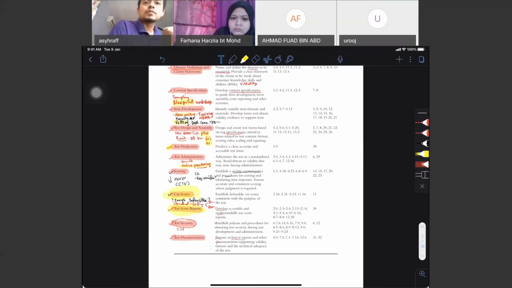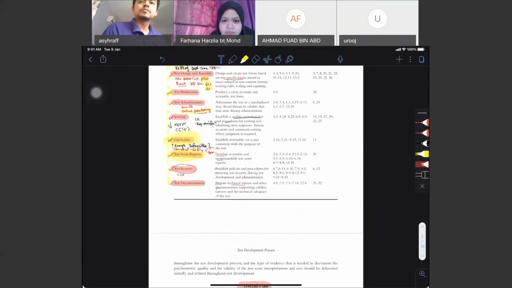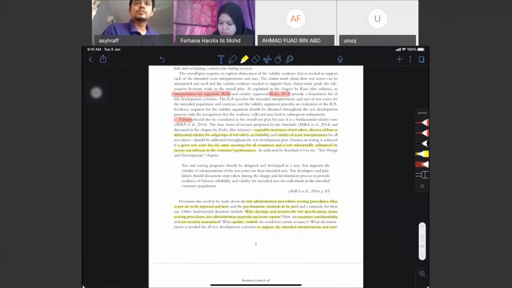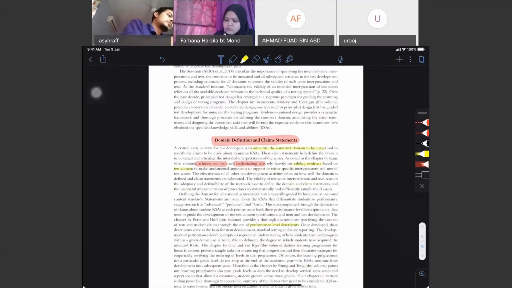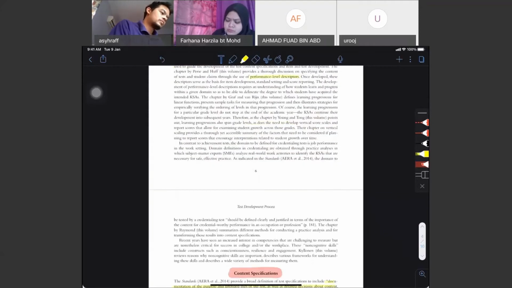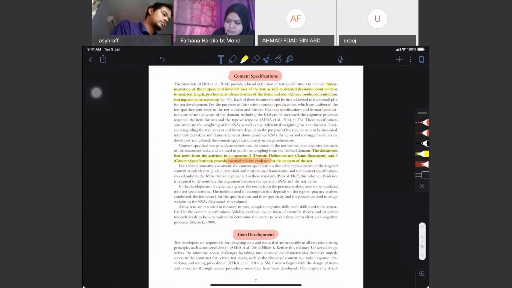But please don't forget the other parts. All of these are supposed to be there when we set up examinations. When you have a bit more free time, please have a look at the descriptions in detail for each of these 12 steps. This is part of a very thick book, which is the reference for examinations.